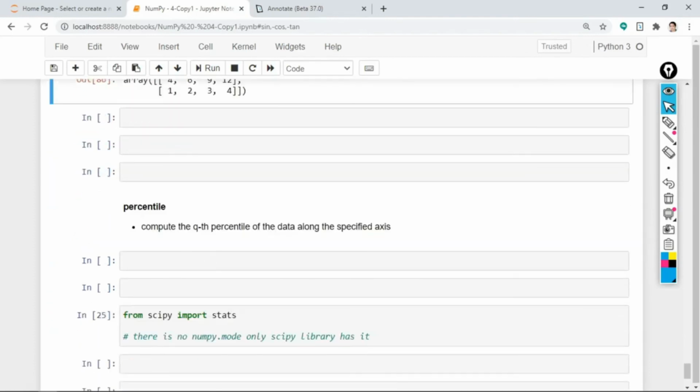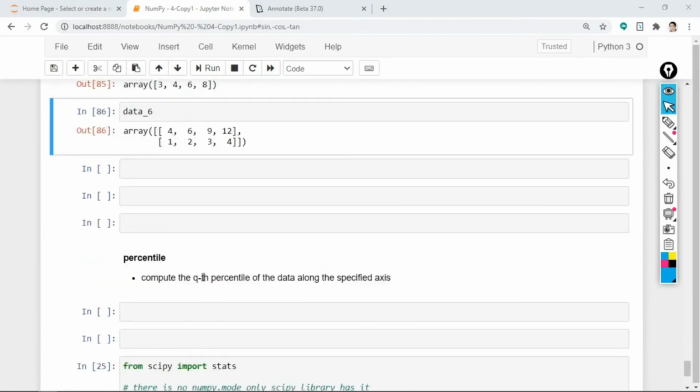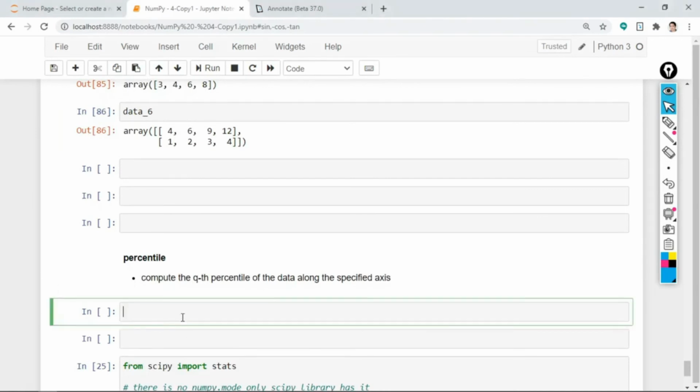So you also have percentile, which computes the specific percentile of the data along a specified axis. Let's say, for example, you have a data set of scores, or not grades, specific values.